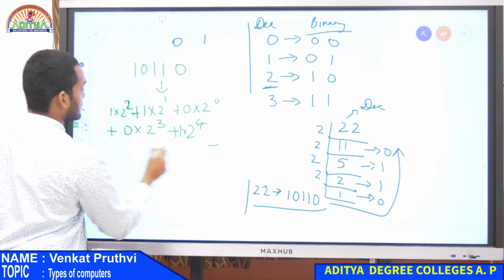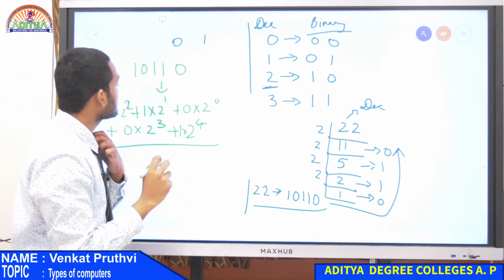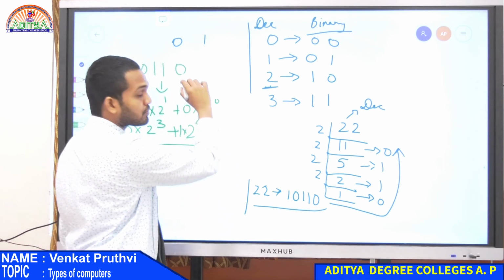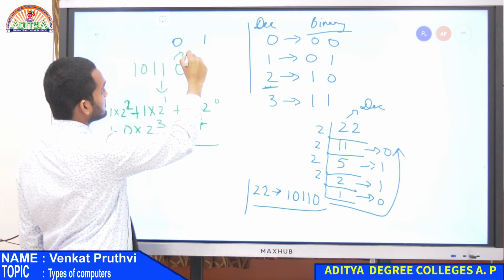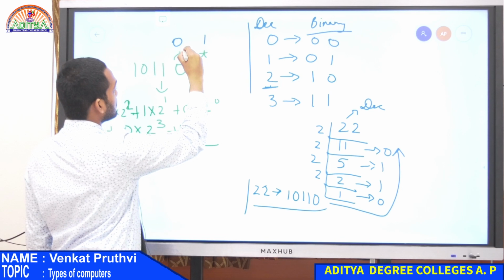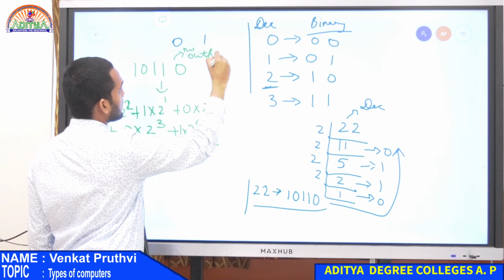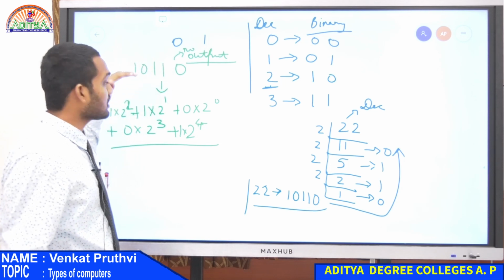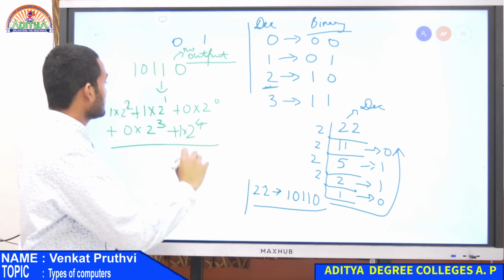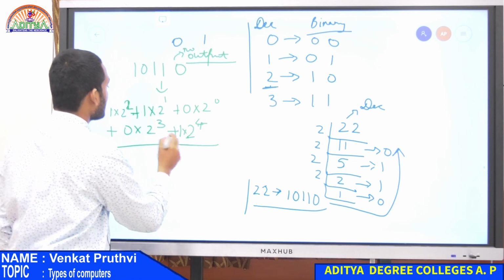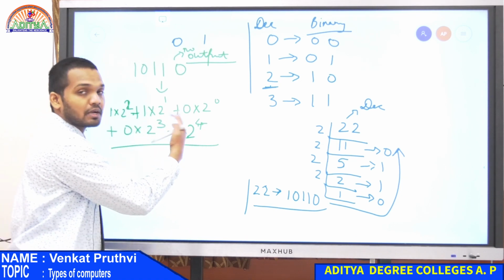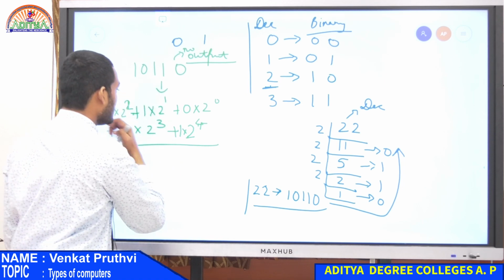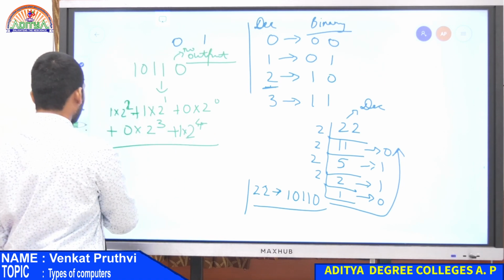Why is it like that? Did you understand this? Because wherever we are having a 0, that is a no output case, right? Wherever it's a 0, it's a no output case. Now, what will happen whenever there is no output at that position? We are not going to consider that position. That is the reason we are multiplying the values by whatever 0 or 1 we are having. Now, in this case, I will write it the other way.